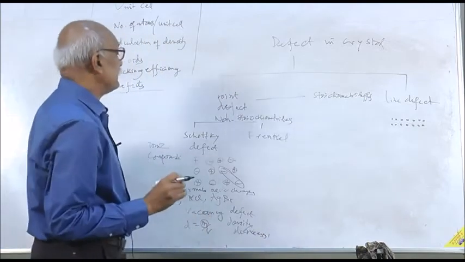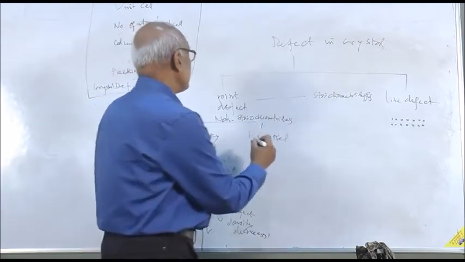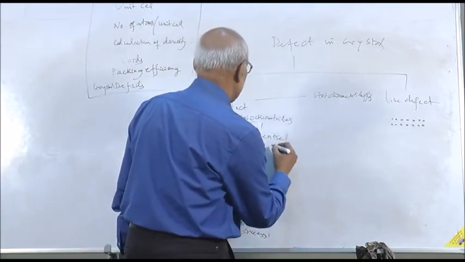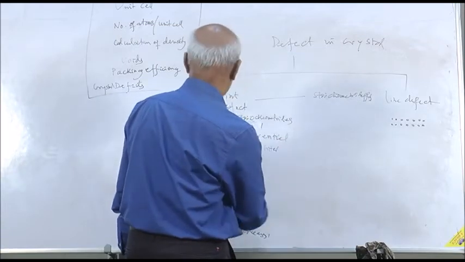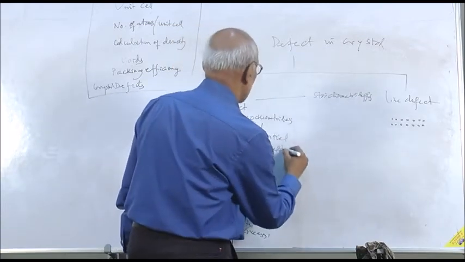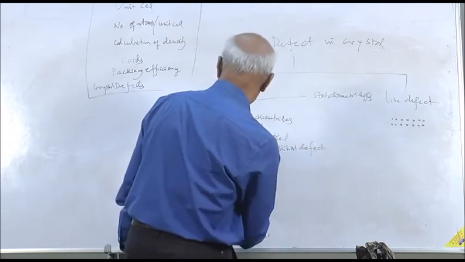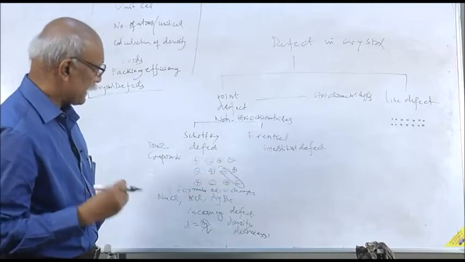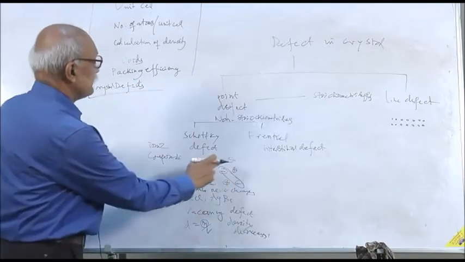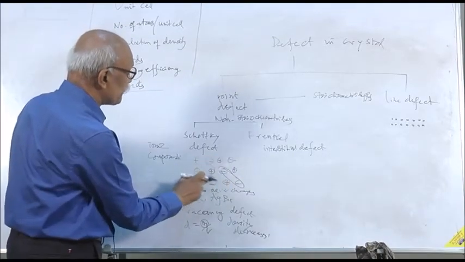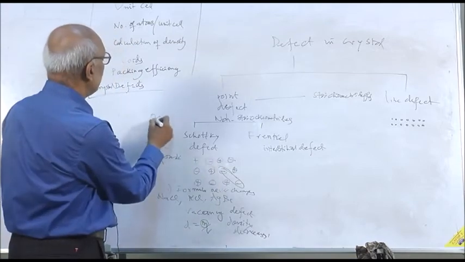But let us see the case of the Frenkel defect. This is an interstitial defect, not a vacancy defect. There are vacant spaces, called interstices, in between the spheres.